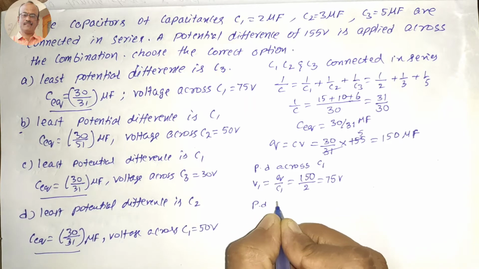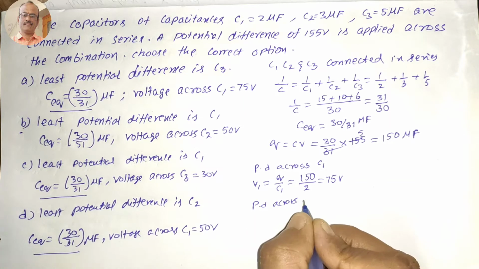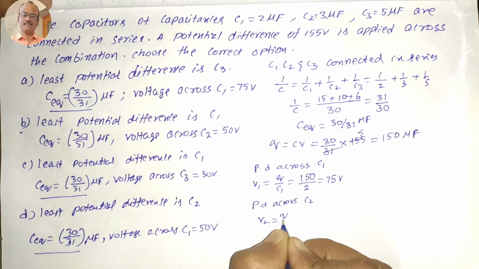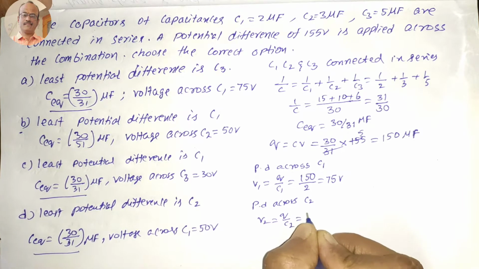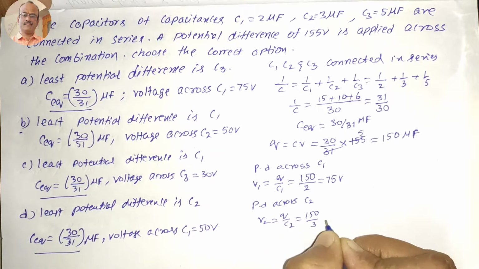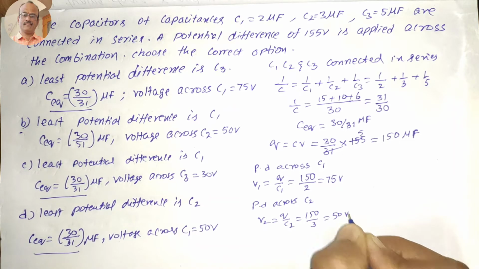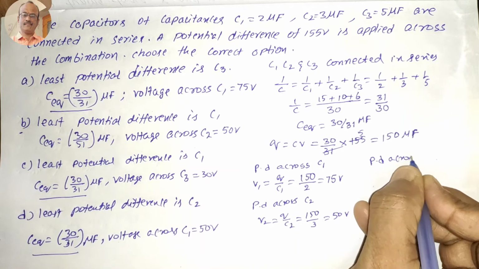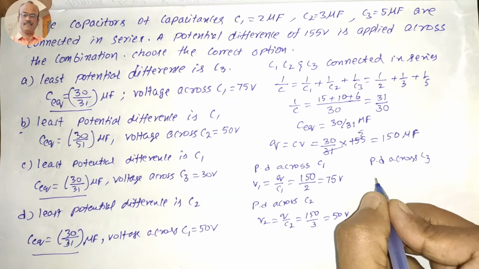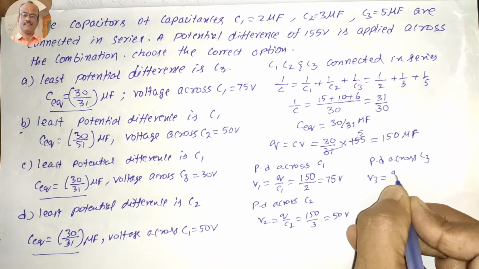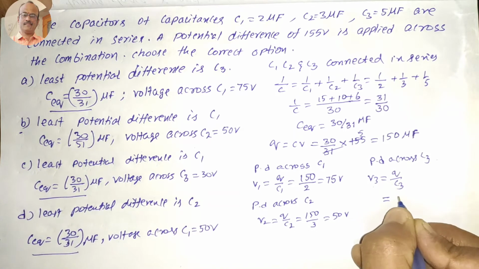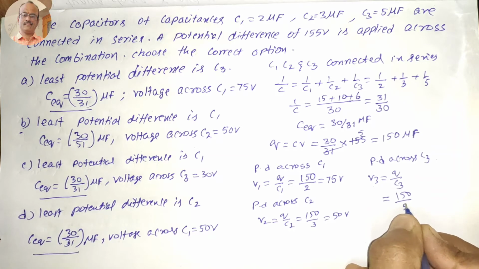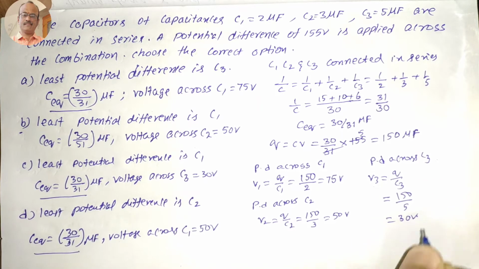And the potential difference across C2, that is V2 is equal to Q by C2, that is 150 divided by 3 is equal to 50 volts. And then the potential difference across C3, that is V3 is equal to Q by C3, 150 divided by 5 is equal to 30 volts.